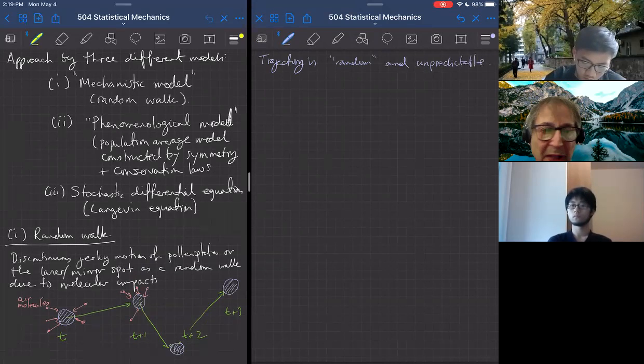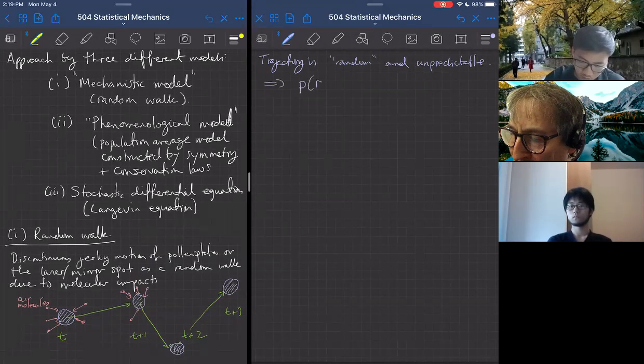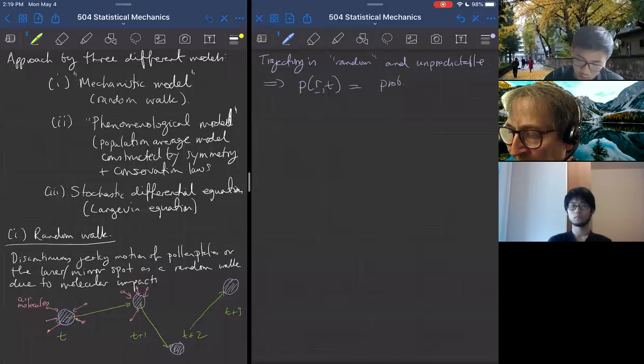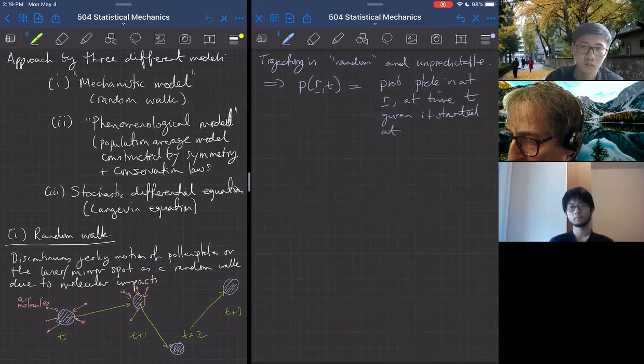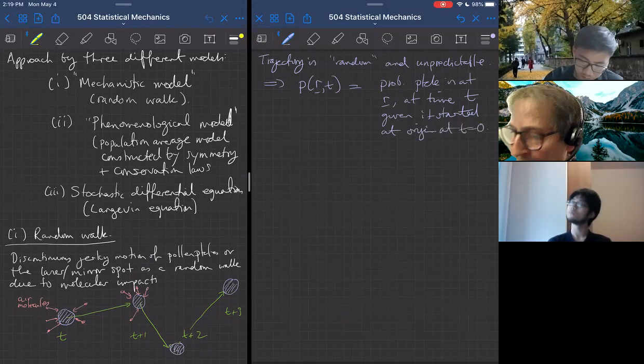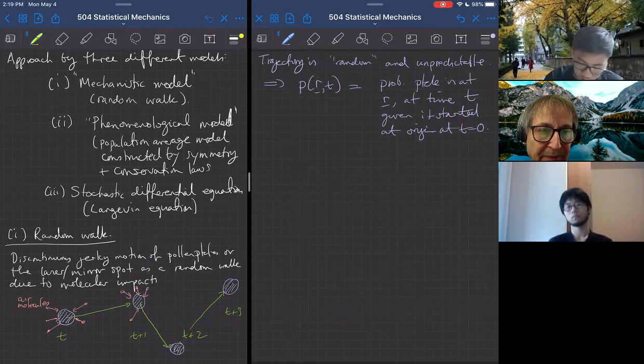So the best that we can hope to calculate is what I'll call P of r and t, which is the probability that the particle is at the spatial position r at time t, given that it started at the origin at time t equals 0.